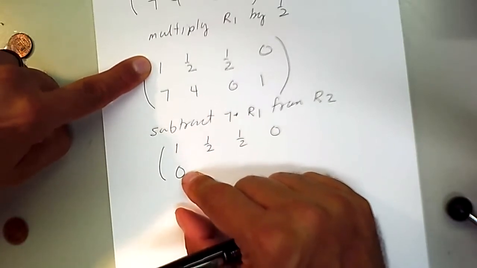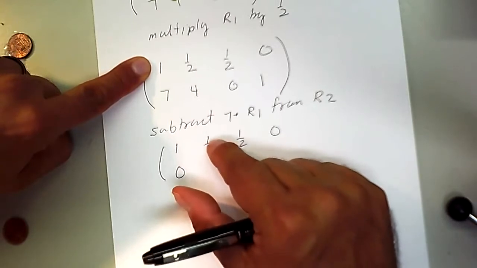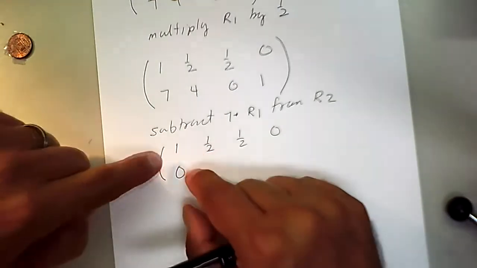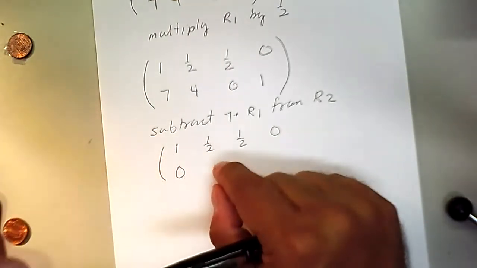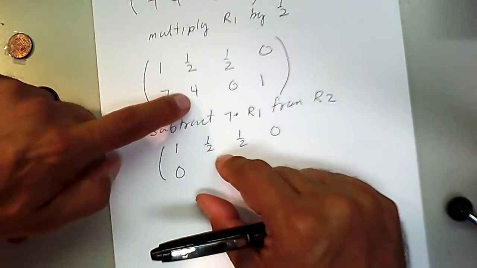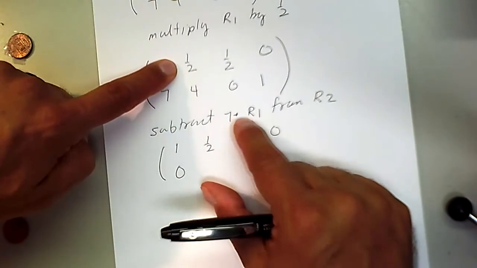We want to end up with an identity matrix on this side, and the reason is because we're solving for A and C. So right now we are beginning to solve for A and C. Anyway, 4 minus 7 times that. Remember, we're subtracting 7 times the first row.